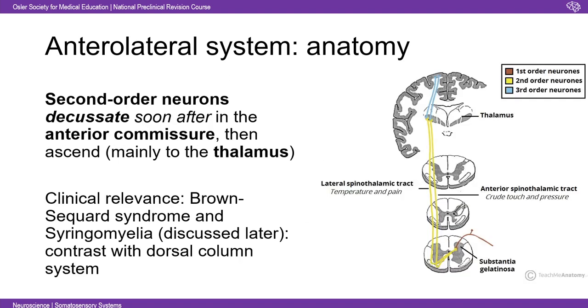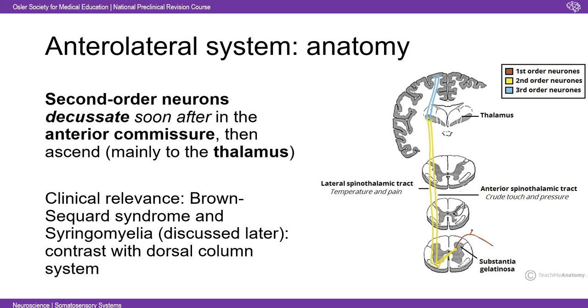So as I said, the second order neurons decussate really soon. If you remember with the other system that we're talking about today, the dorsal columns, the first order neuron rises throughout the entire spinal cord on the same side as the stimulus. Whereas here, the second order neuron has formed much sooner. So contrast that with the medulla for the dorsal column system.